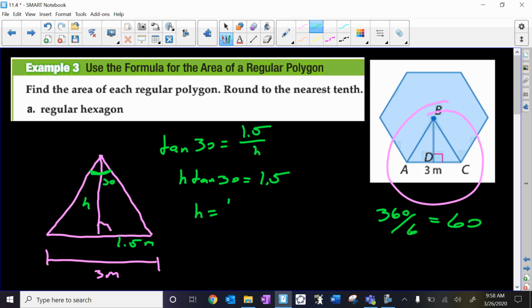H is going to equal 1.5 divided by tangent of 30, which will get us approximately 2.6. Which should now give us enough information to find the area of our triangle.